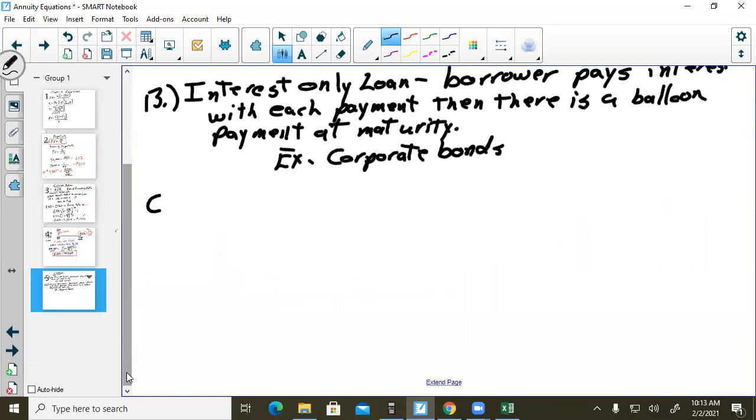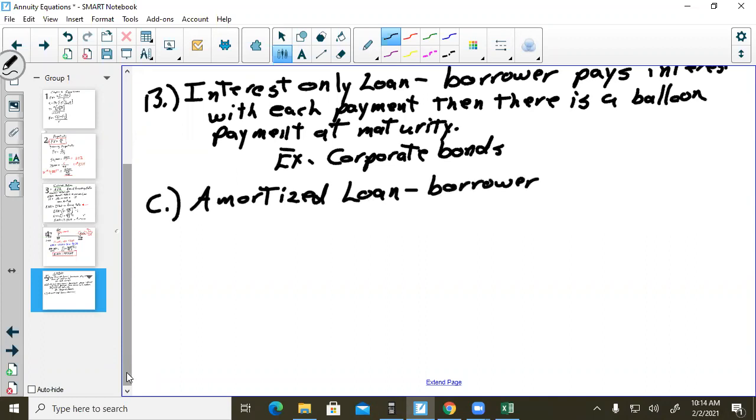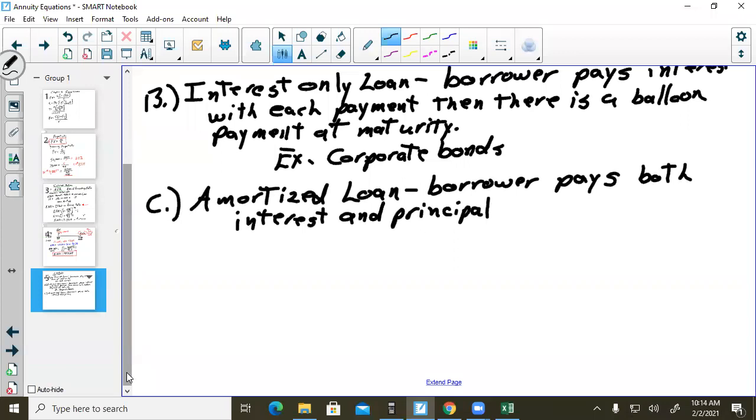The next one is an amortized loan. Okay. Here, the borrower pays both interest and principal with each payment.